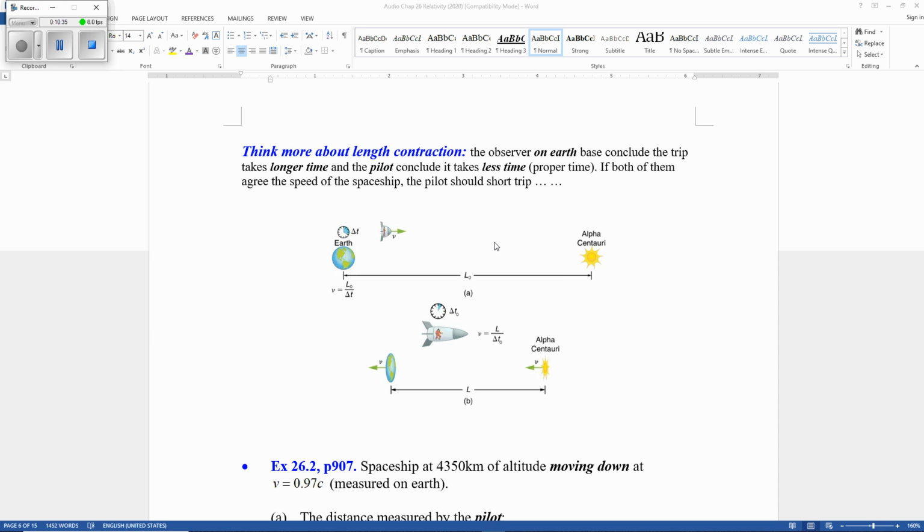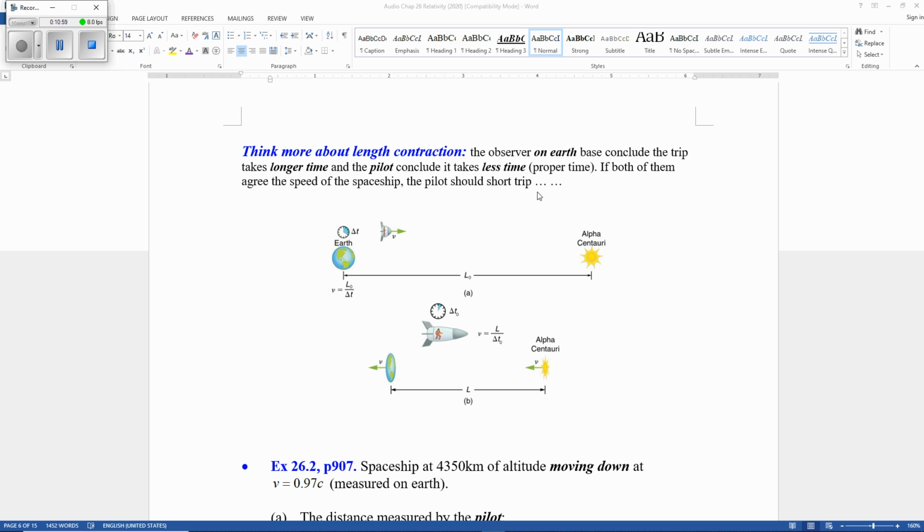The distance for us is the proper length, because these two stars are fixed, always there. So that's the example to help you understand length contraction. You can read it again and think about it.